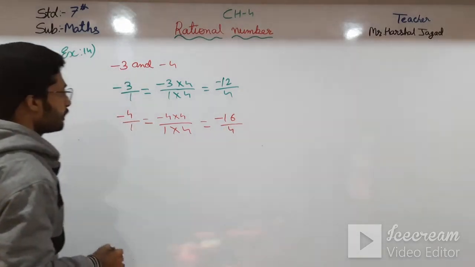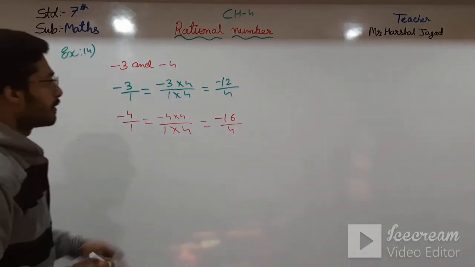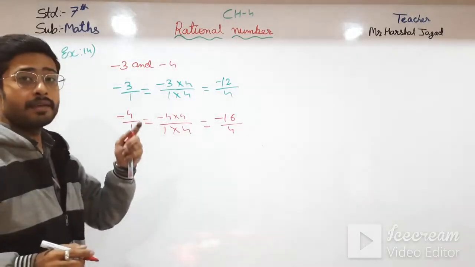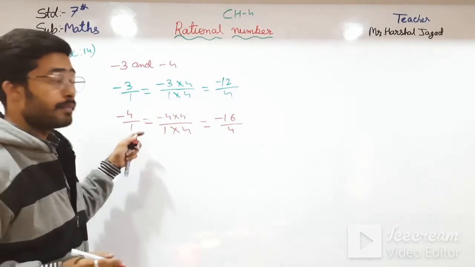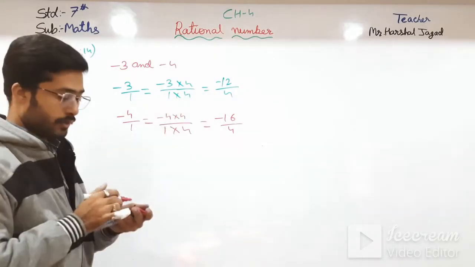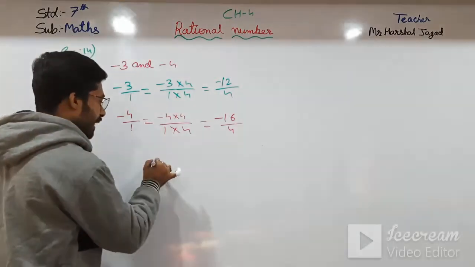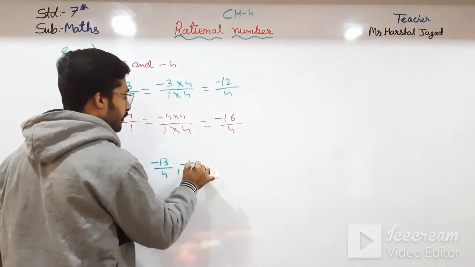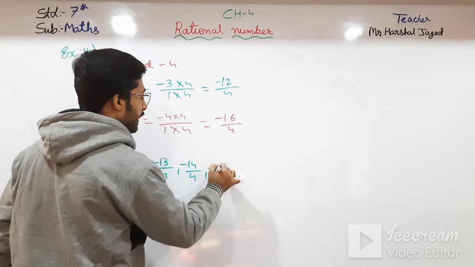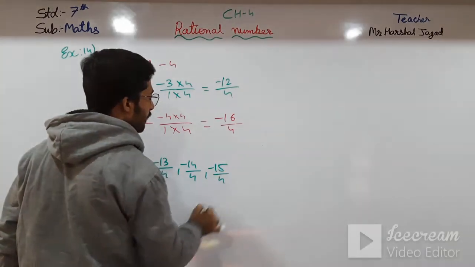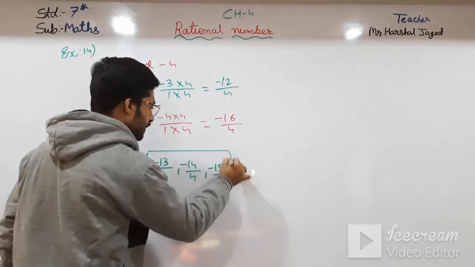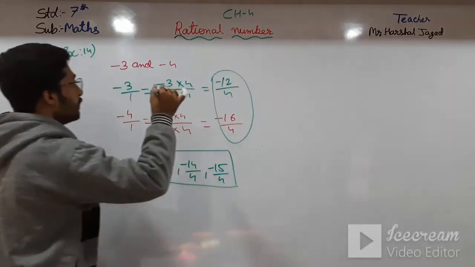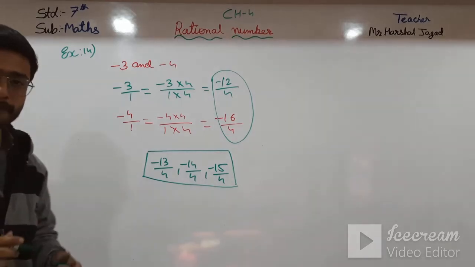Okay students, so here we have to find three rational numbers between these two. So I can write minus 13 upon 4, minus 14 upon 4, minus 15 upon 4. These are the three rational numbers between minus 3 and minus 4.